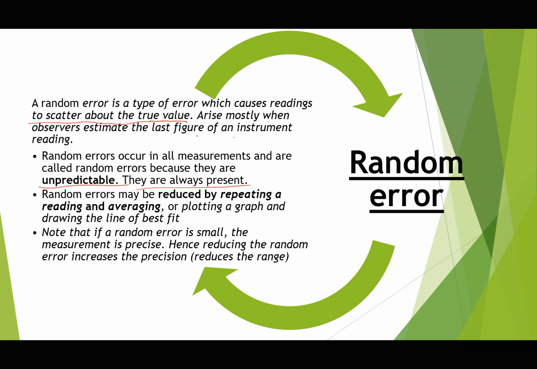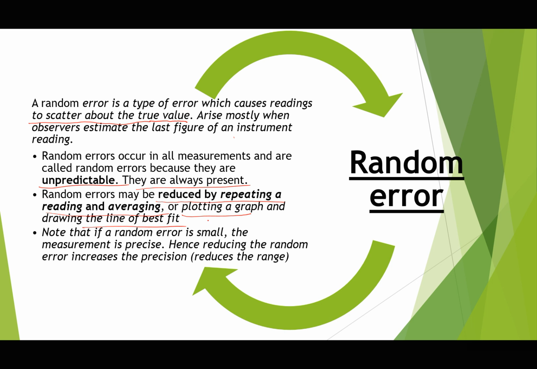And we have already seen that random errors may be reduced by repeating the experiment and obtaining the average, or plotting the graph and obtaining the line of best fit. Obtaining the average, because the average value of all the measurements is most likely going to be the true value. The accuracy is not affected by random errors.